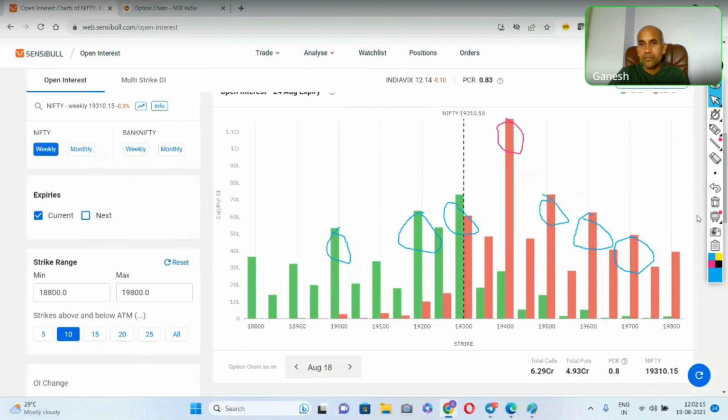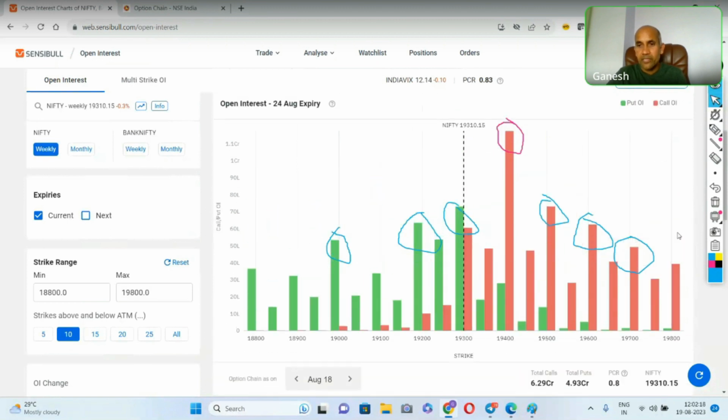Here we see total calls sold 6.2 crore, total puts sold 4.93 crore. Which is the highest? Calls are highest. Why? Market sentiment is bearish. So this is where we say the market is in a downtrend.